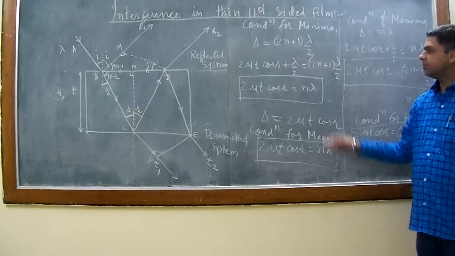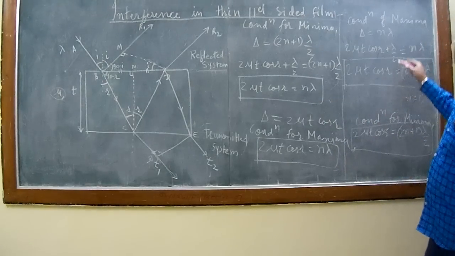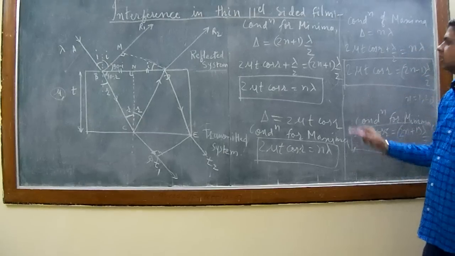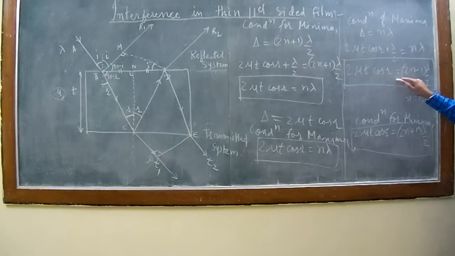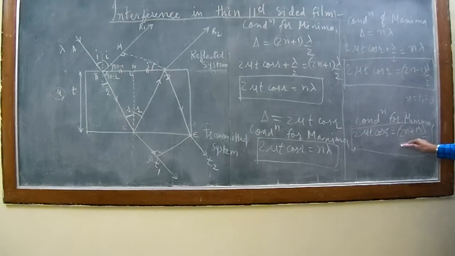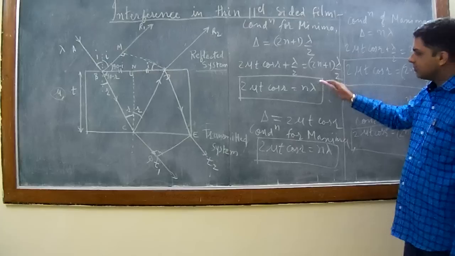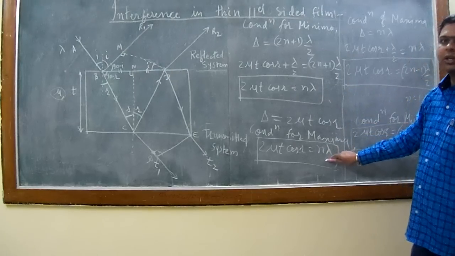Now if you compare these conditions of maxima and minima for the reflected and transmitted systems, they are just opposite to one another. The condition of maxima in the reflected system becomes the condition of minima in the transmitted system, and the condition of minima in the reflected system becomes the condition of maxima in the transmitted system.